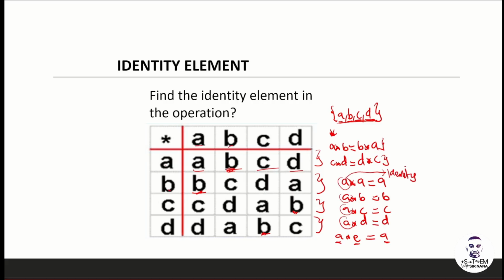So the numbers are the A, B, C, and D, and it is operated on the identity element A, and that gives us A. So in this question, we can conclude that the identity element is A, just by inspection. So remember that before we are able to get the identity element, the operation must be commutative. So you check for commutativity first and look for the one that has the pattern of the numbers or the letters that have been used here.